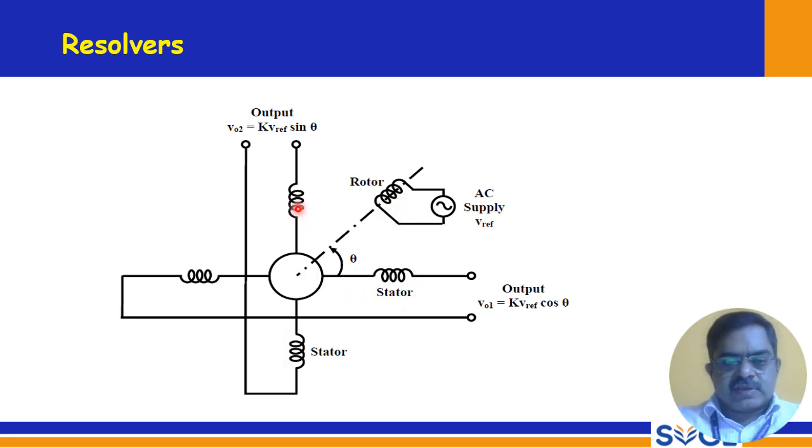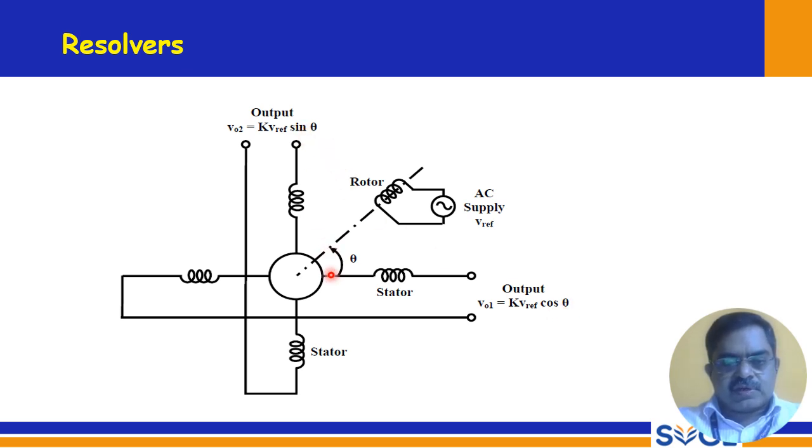This is another stator. These two stators are at 90 degrees to each other, and here this is kV0. This is the output voltage. Output voltage is measured along this stator, and along this stator it is V reference into cos theta. This becomes sin theta.